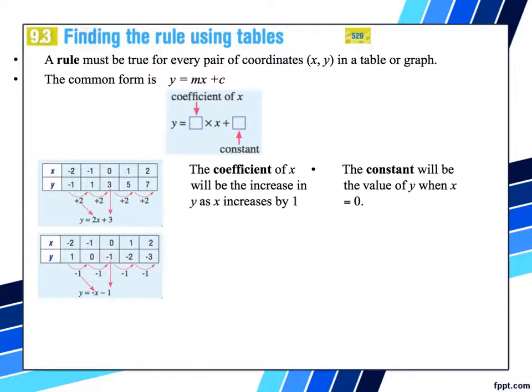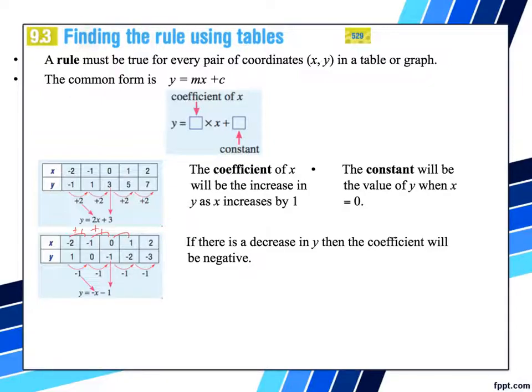If, by any chance, the coefficient of x is negative, so look here, we say x increases with 1, so that is plus 1, plus 1, plus 1. Then what happens with y?